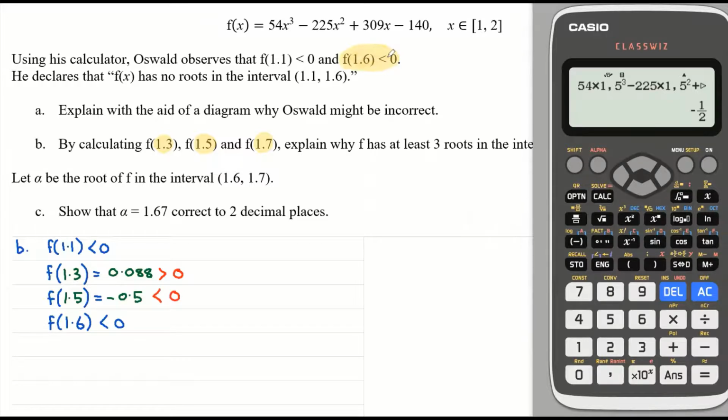And the last one we need to work out is f of 1.7. So f of 1.7. Let's put that in. Close the bracket and see what this equals first of all. So again, we'll just go back to the calculator and just edit our inputs here. So change that to a 7.